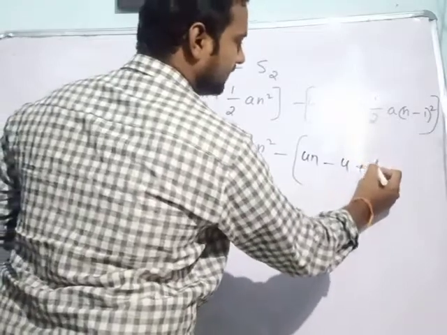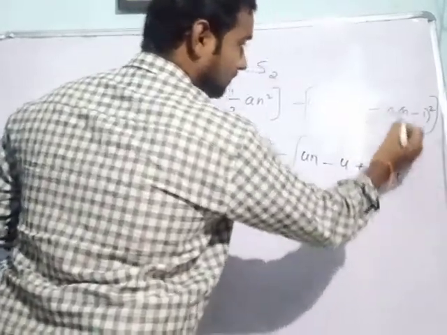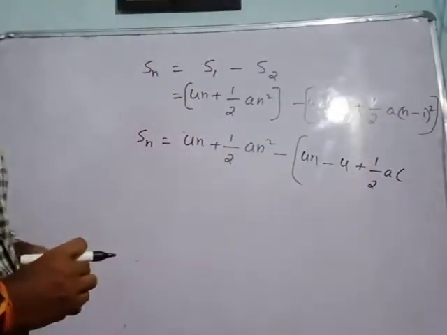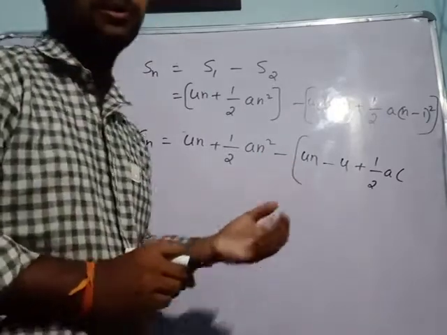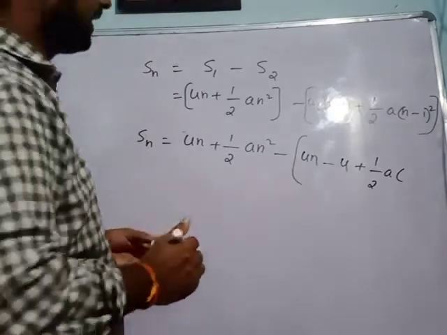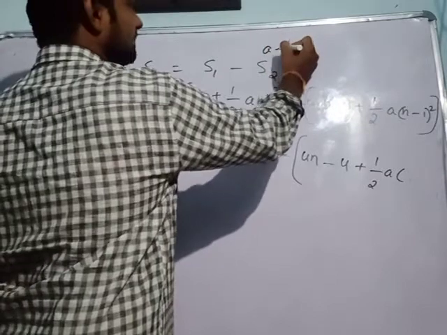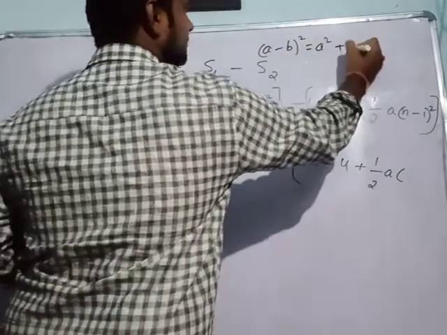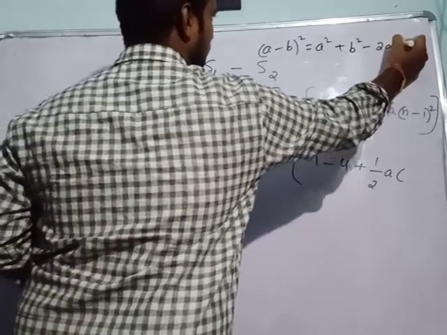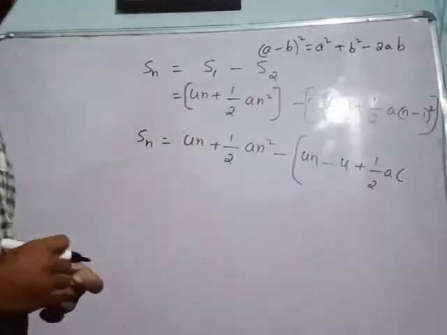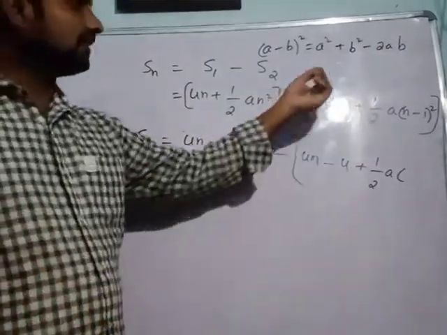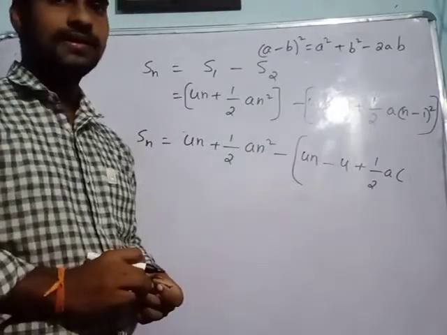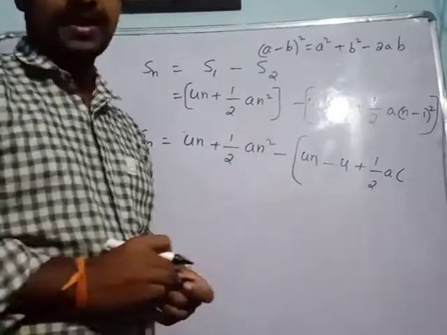Again here half into a into n minus 1 whole square, which is in the form of a minus b whole square. You know the a minus b whole square formula: a minus b whole square is equal to a square plus b square minus 2ab. You know this formula? It came from an algebraic identity.